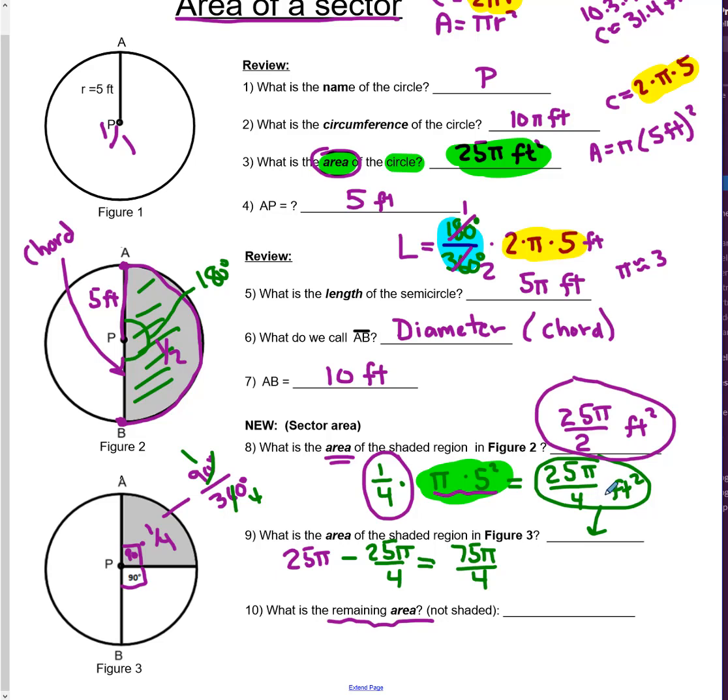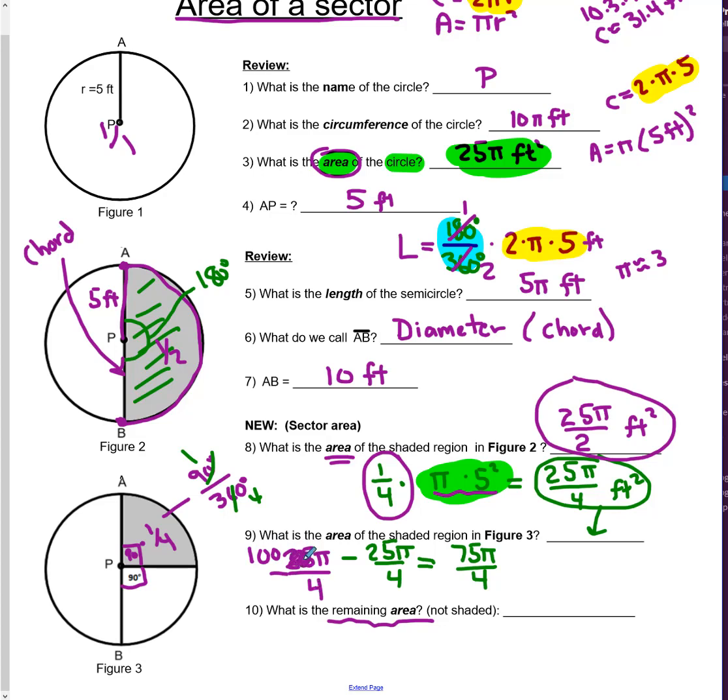Now, how did I get that? Well, we're subtracting two fractions here, so we need a common denominator, so I've got to change this to be 4. And therefore, if I multiply the bottom by 4, because there used to be 1 here, I've got to multiply this by 4. So that's 100, right? And just to make sure, 100 divided by 4 is what? 25.